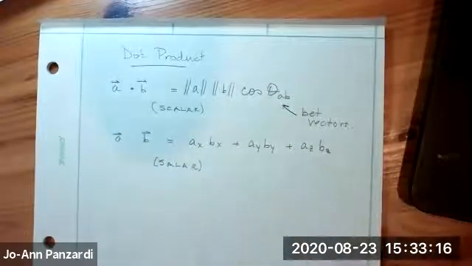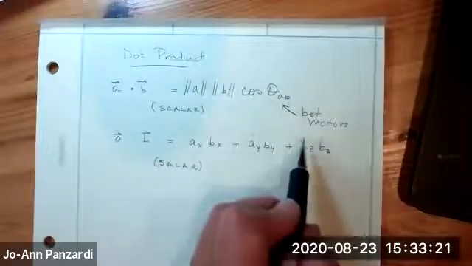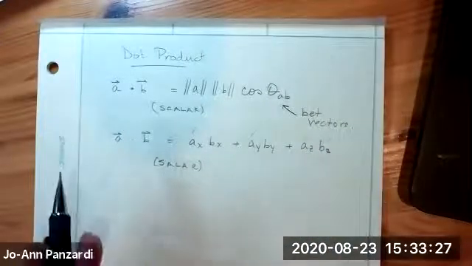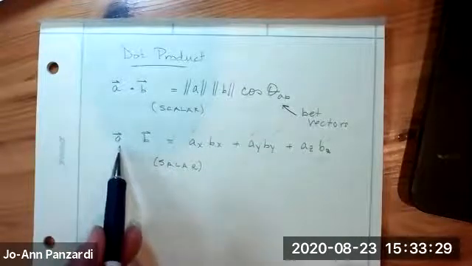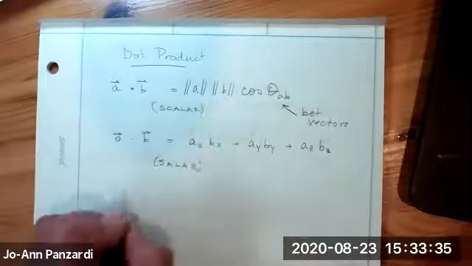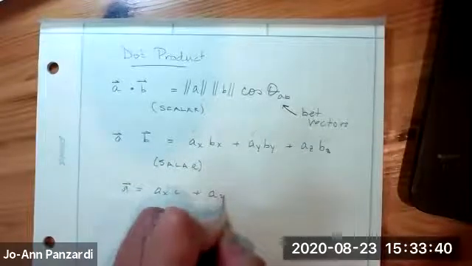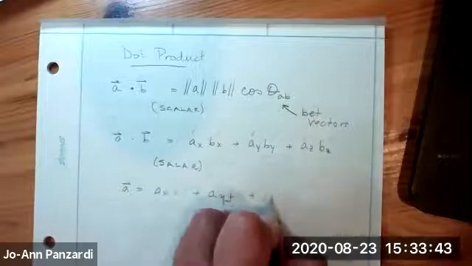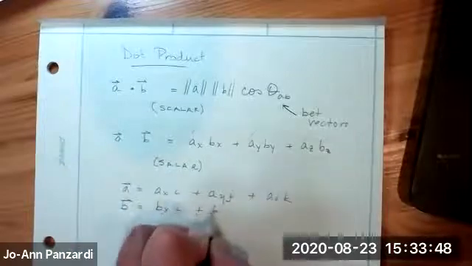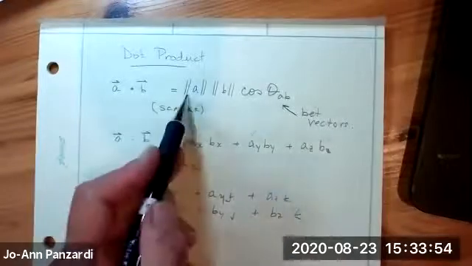Let's say you know what AX is, BX, AY, BY, AZ, and BZ. Let's say you know all those, which means you know the vector notation for A and B. Can you find the magnitude of A? So what I'm saying is, if you know A is AXi plus AYj plus AZk, and you know the B vector is BXi plus BYj plus BZk, can you find the magnitude of A?